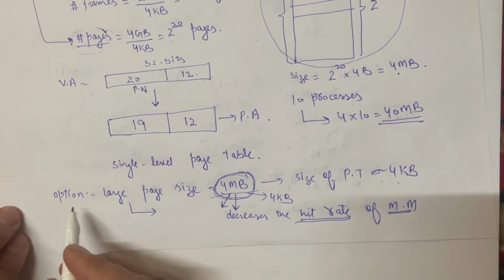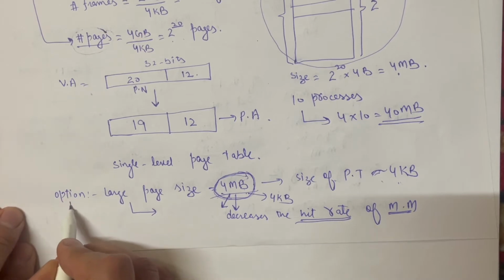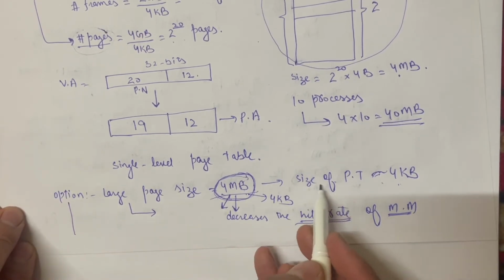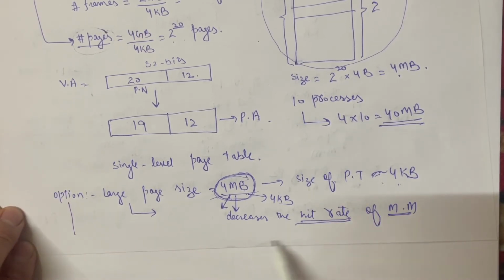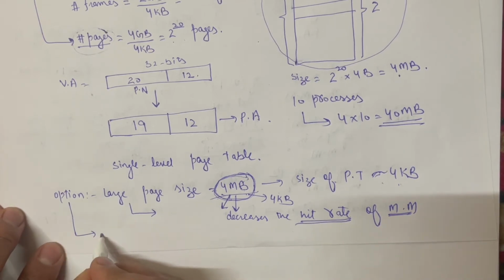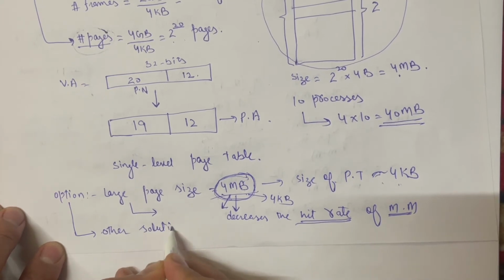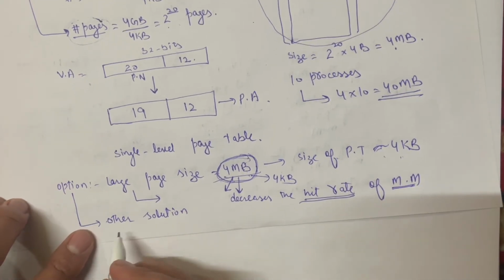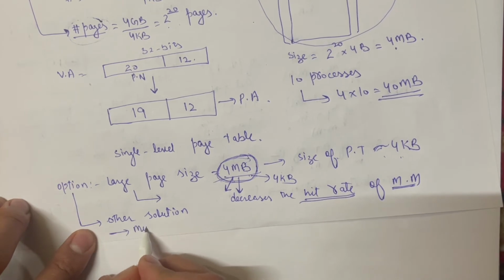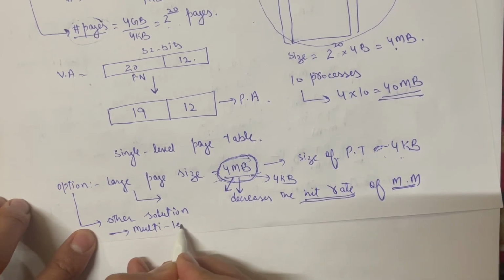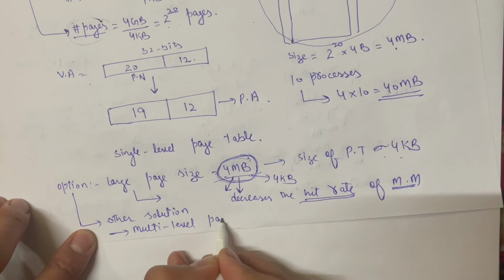So option 1 can decrease the size of the page table, but it has a negative effect. We need some other solution, and the other solution is multi-level page tables.